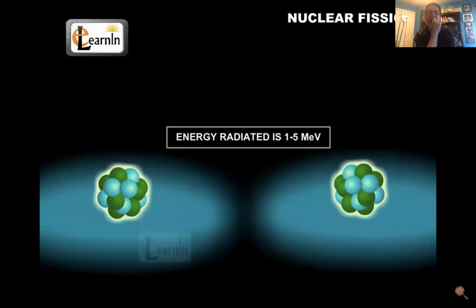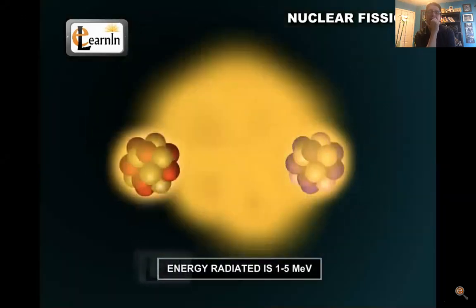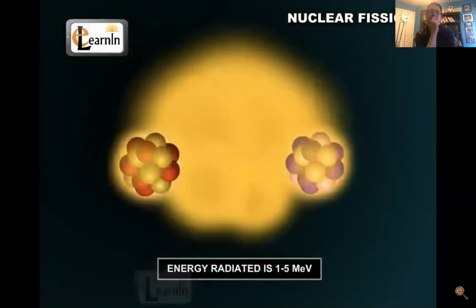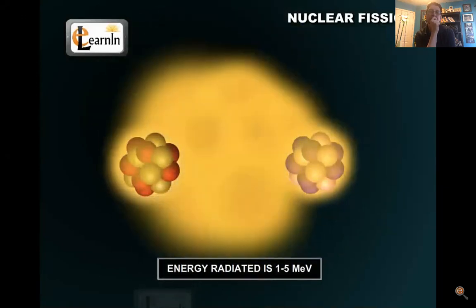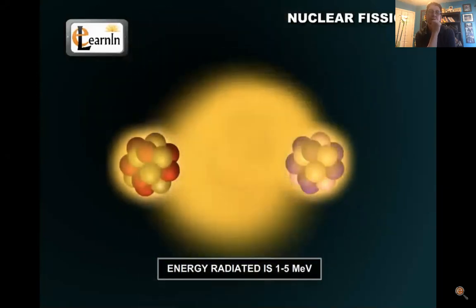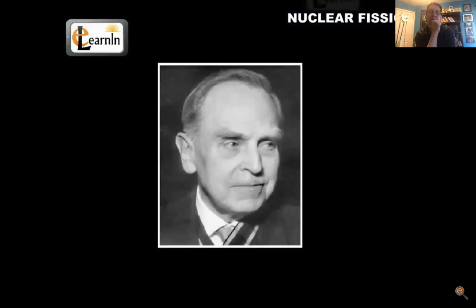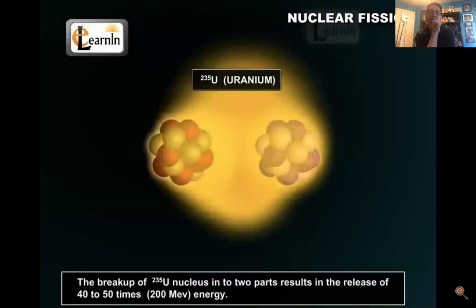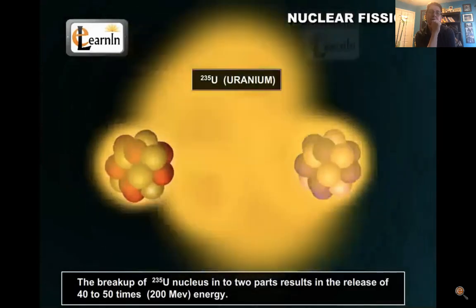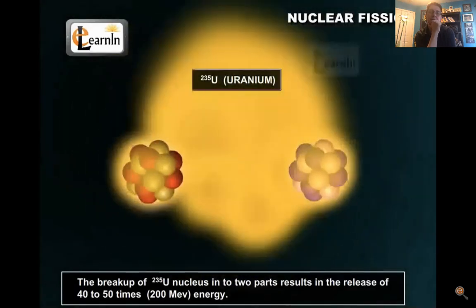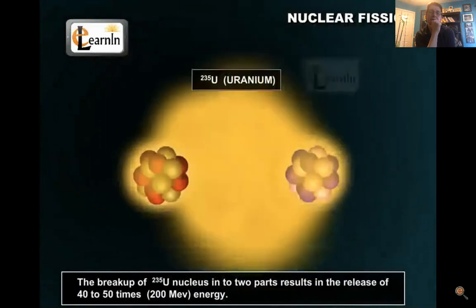That's 1 to 5 million electron volts, and even higher amounts of energy can be released by breaking unstable nuclei into even more parts. In 1939, a German scientist named Otto Hahn discovered that breaking up the nucleus of uranium-235 into 2 parts emits 200 million times the energy of the neutron which triggered it.